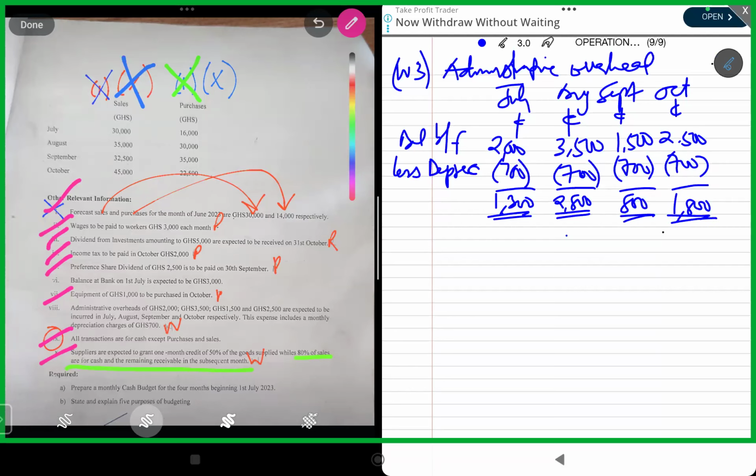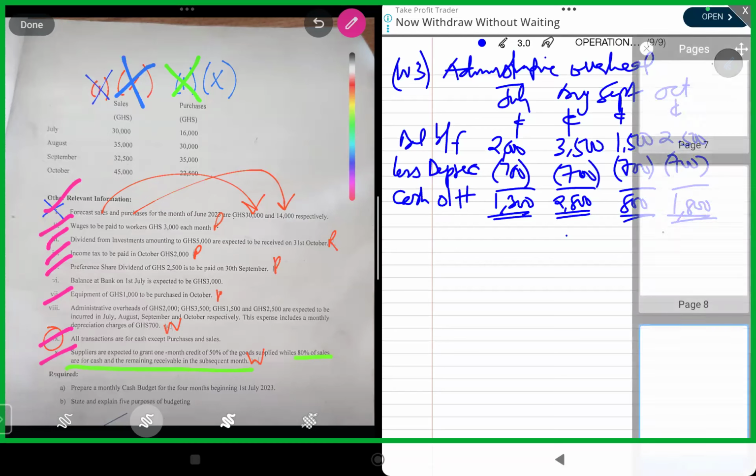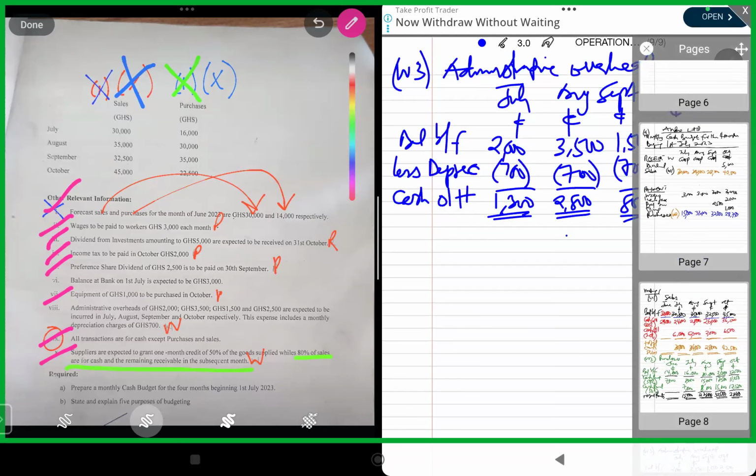So these are the cash overhead, OH for overhead. Then we'll go to our solution and record these figures in there.